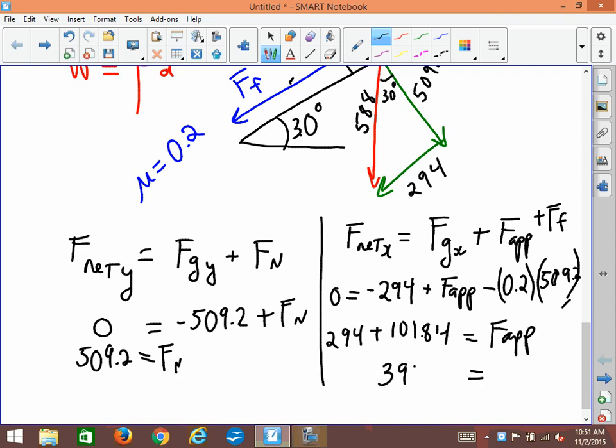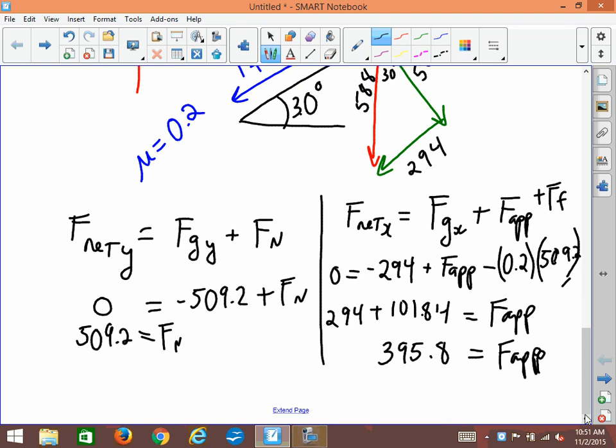Did we make any mistakes? No? Good. F applied. Compare that to the lifting force, which I recall was the weight, 588. And it was 294 in the second example without friction. So this actually means I got to push a little harder now, don't I? Because of the friction.